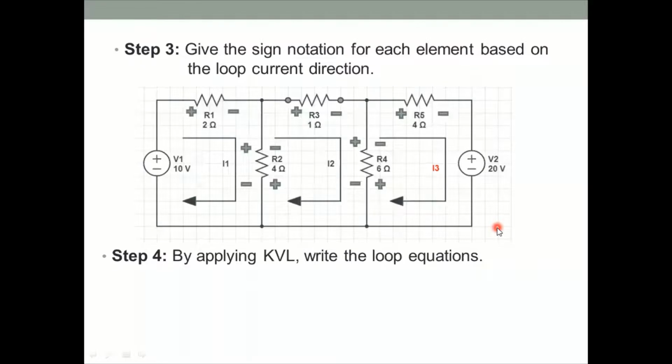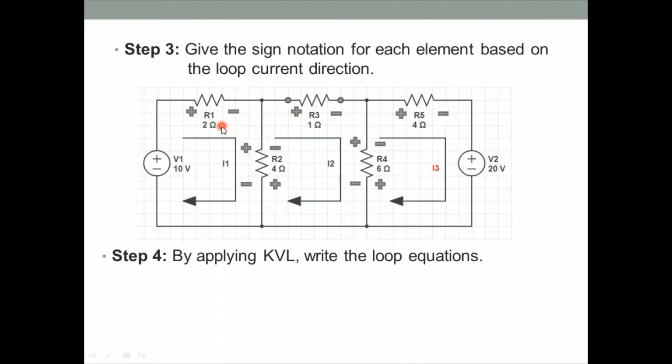For writing the first loop equation, we will consider R1 as our starting point. If you observe, the loop current I1 is flowing from positive to negative, which indicates that there is a potential drop. So we need to give a negative sign for the drop across the resistor R1.